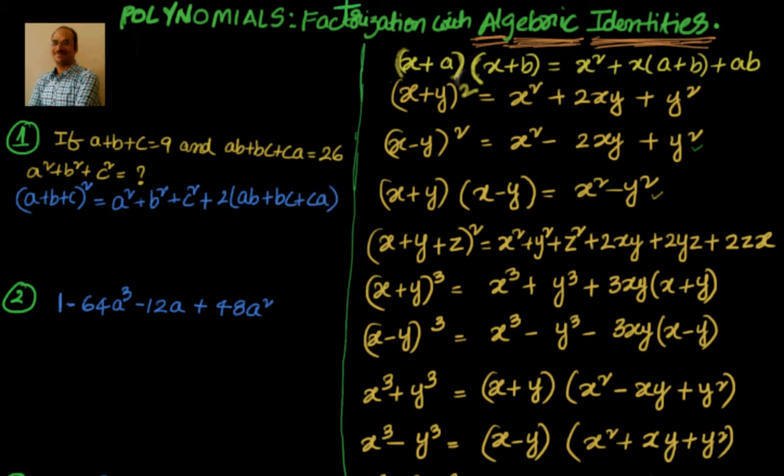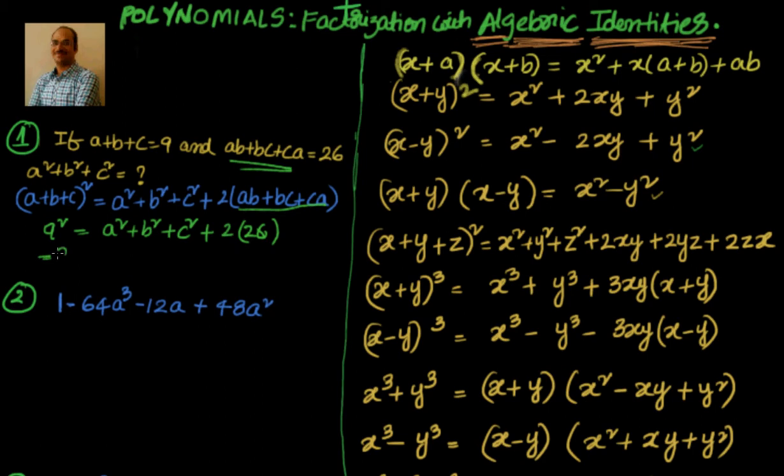Now I have been given a plus b plus c is equal to 9. So 9 square is equal to a square plus b square plus c square plus 2 into this whole part, which is given as 26. So I can directly write it.